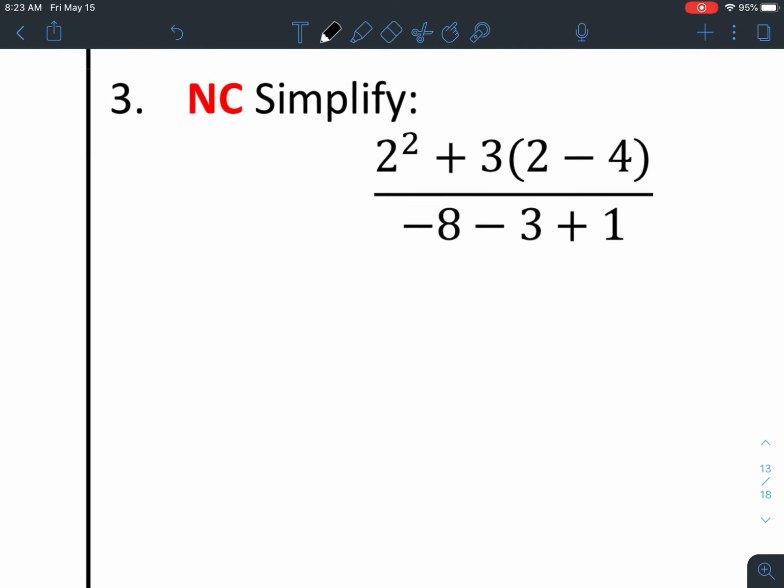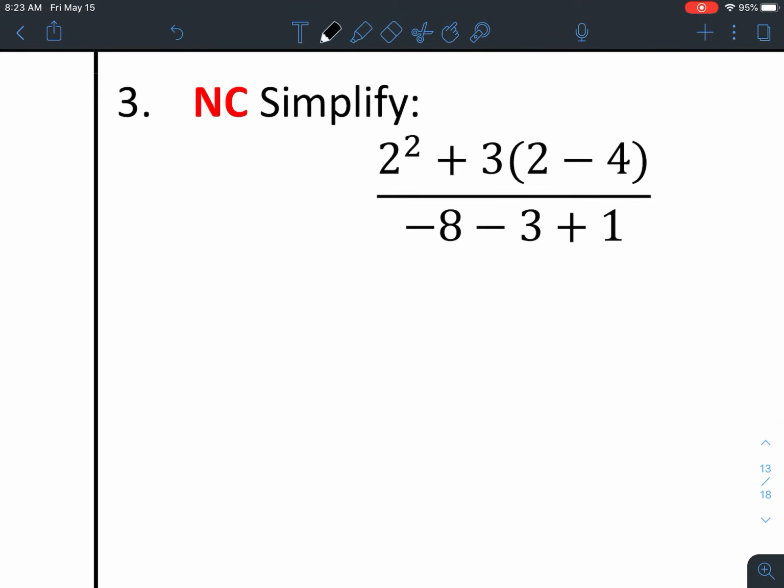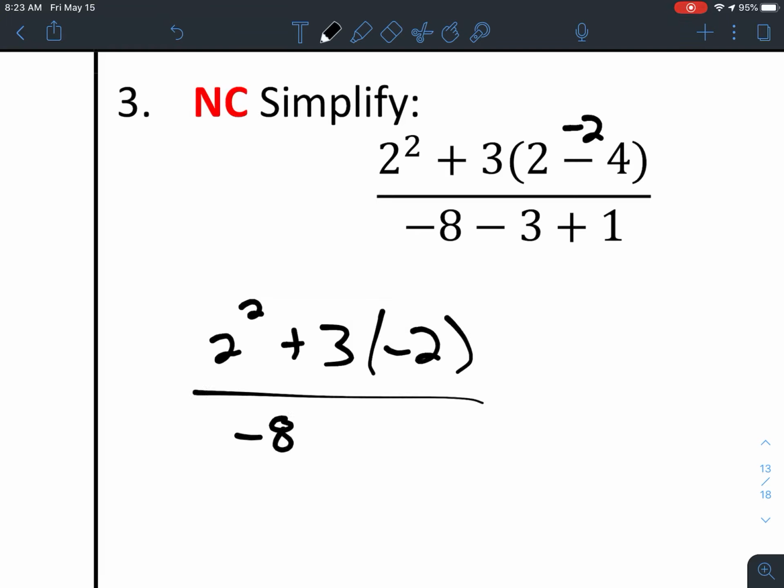All right. So we do parentheses. 2 minus 4 leaves us with minus 2. So 2 squared plus 3 times negative 2 all over negative 8 minus 3 plus 1.